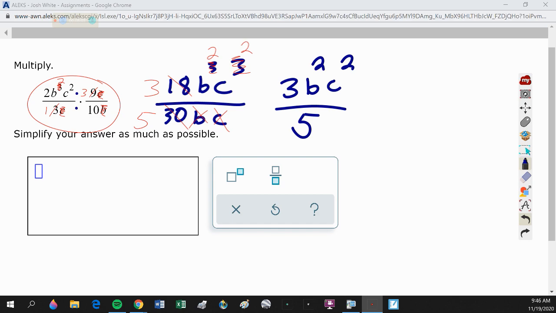Anything else? 2 goes into 10 5 times. So on top, I'm left with a 2, a b squared, a c squared, and a 3. And that's where 3b squared c squared comes from. On bottom, I'm left with a 1 and a 5. Both ways work. You can either multiply them together and then simplify, or you can simplify and then multiply.